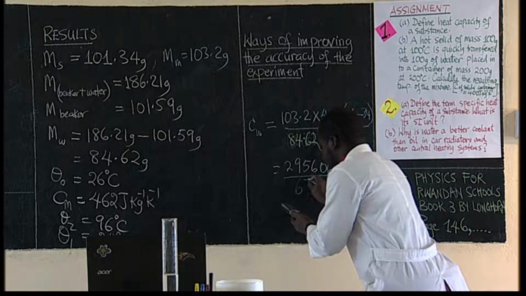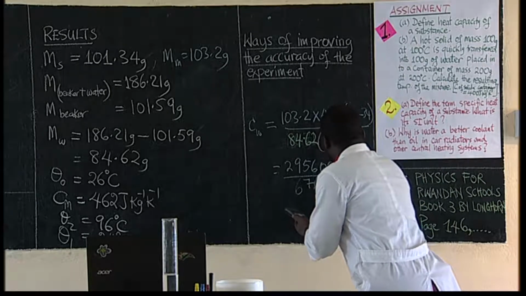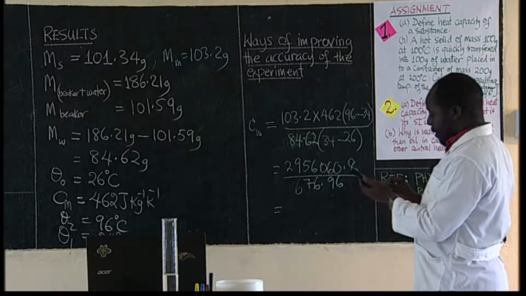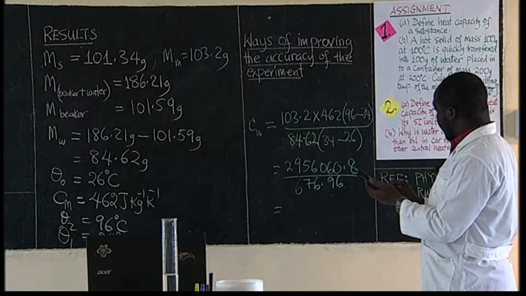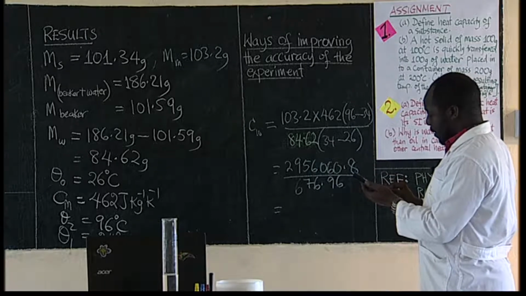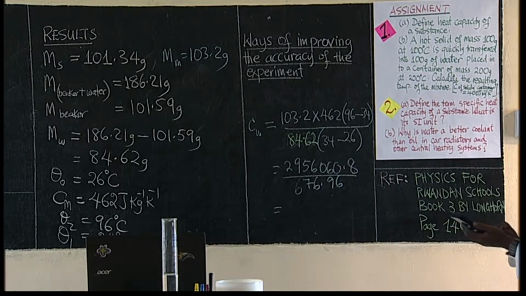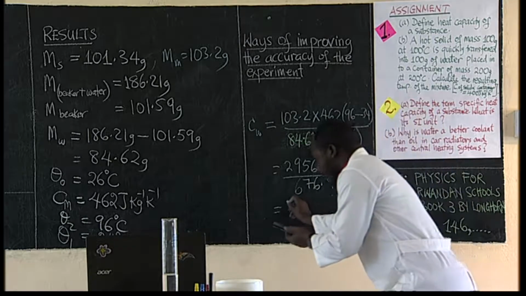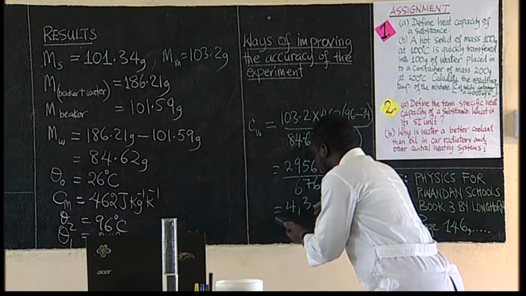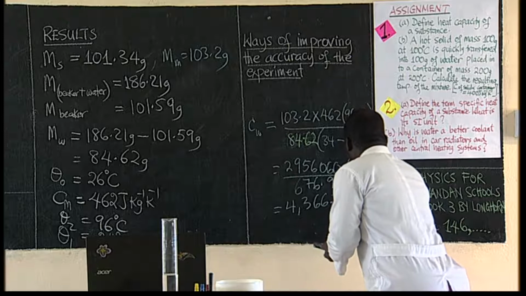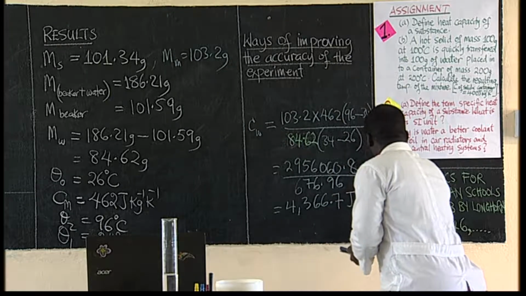We get 676.96. Let's go ahead. So if I divide those two, 2956060.8 divided by 676.96, I have 4,366.7. This is joules per kilogram per Kelvin.